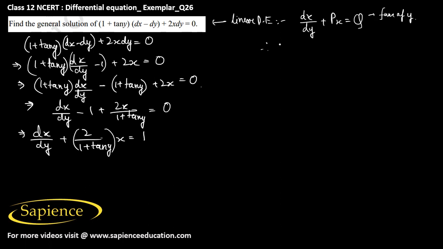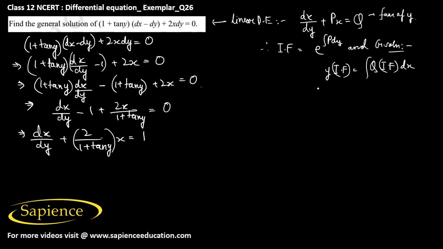So therefore, the integrating factor in this case will be e to the power integral P dy. And the general solution will be given as x times the integrating factor equals integral Q times integrating factor dy.